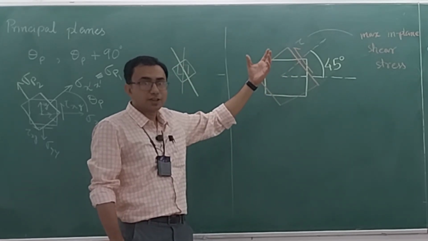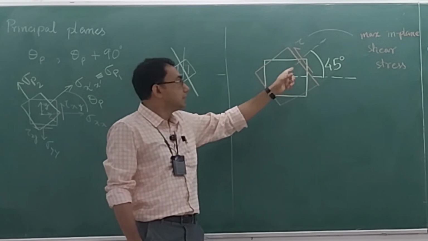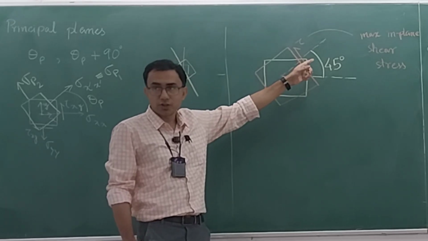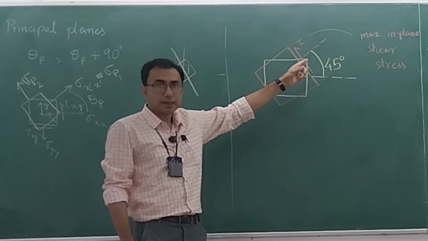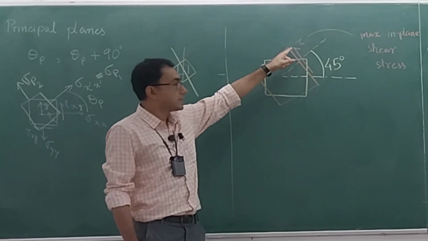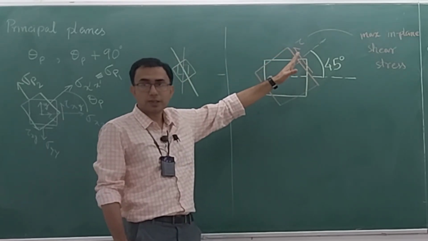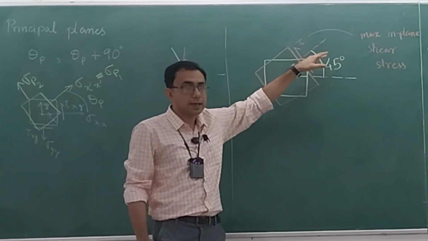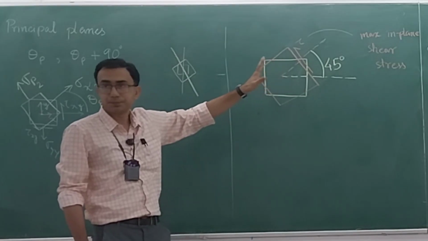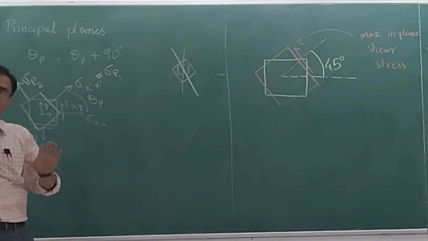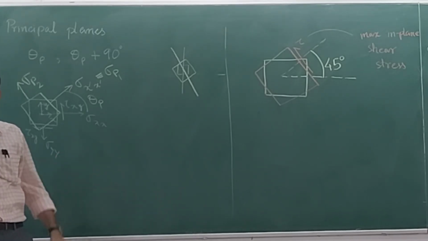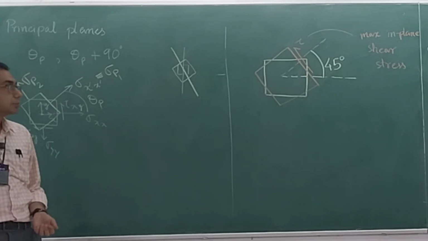But now the temptation is to say that correspondingly, the normal stress is 0. But the normal stress is not 0. Just because you have this as maximum, please do not jump to the wrong conclusion that the normal stress on that edge is 0. You can have certain situations like that, but in general, it is not going to be like that. This is very, very important.